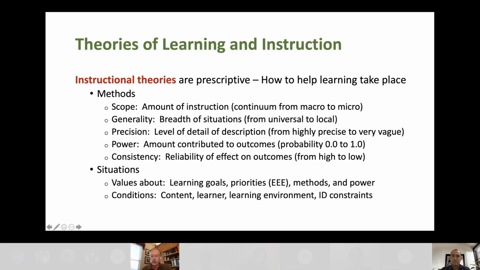If you have a very low budget, as most of us professors do for the courses that we teach, that severely constrains the methods that you can use in your instruction. So those various situations all are factors that influence your decision about what methods to use when.